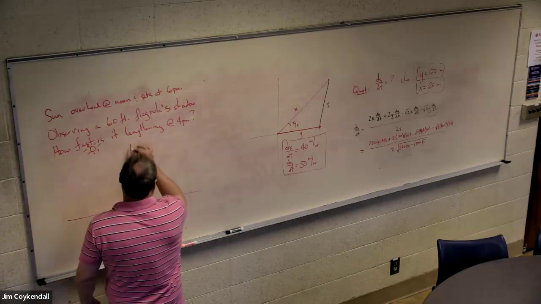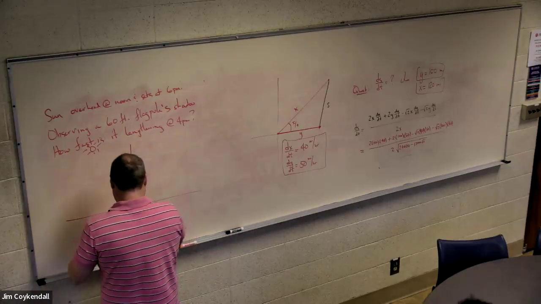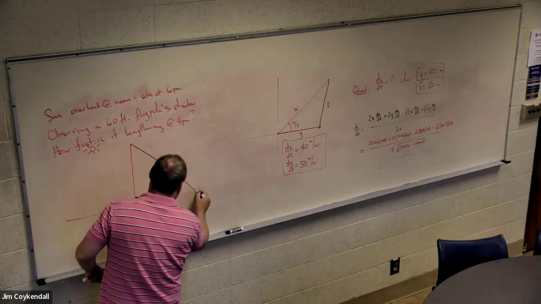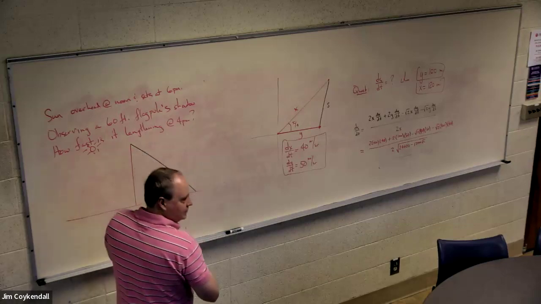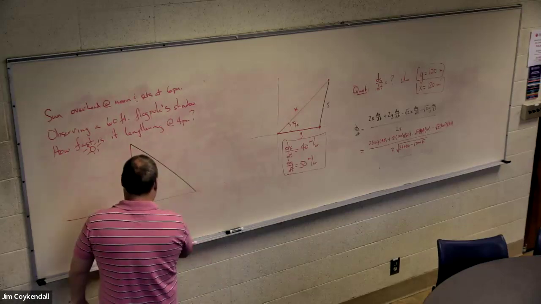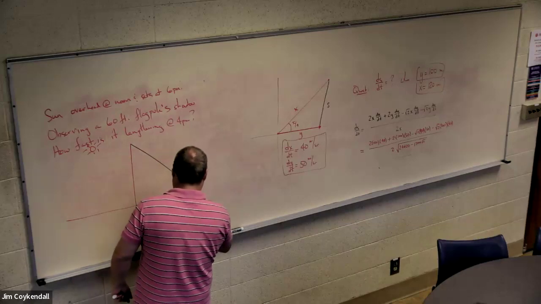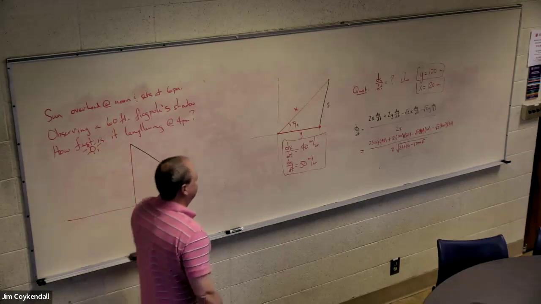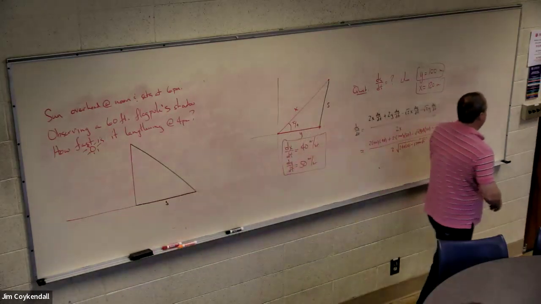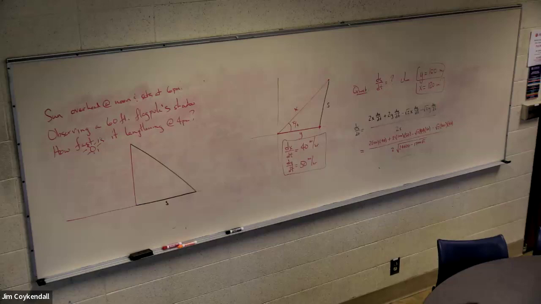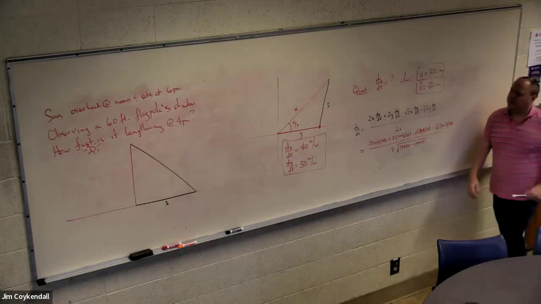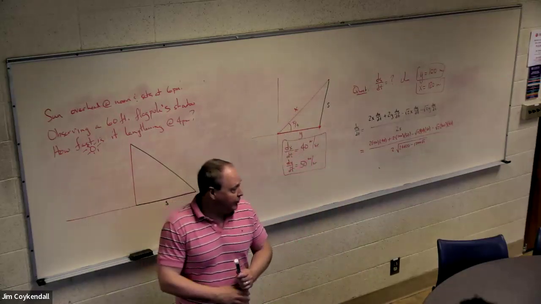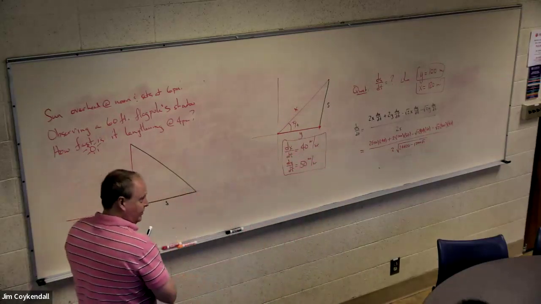Now it casts a shadow, and here's the shadow. I can label the flagpole 60, because that doesn't change.